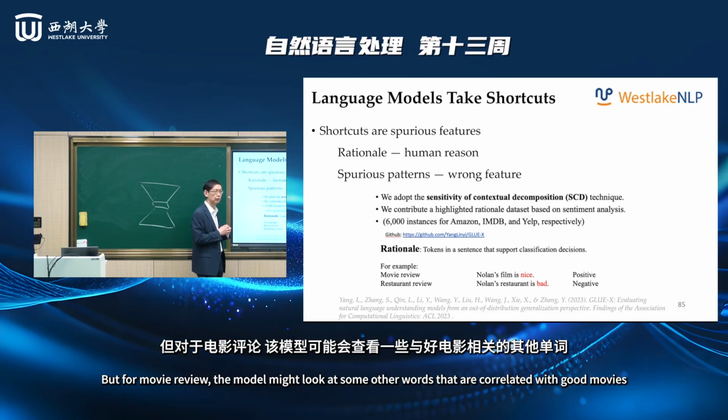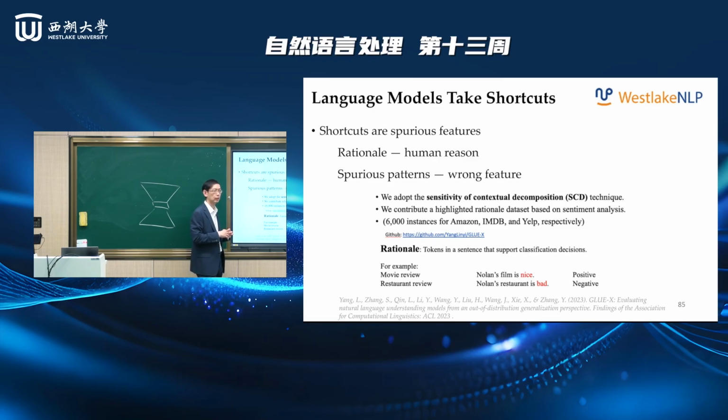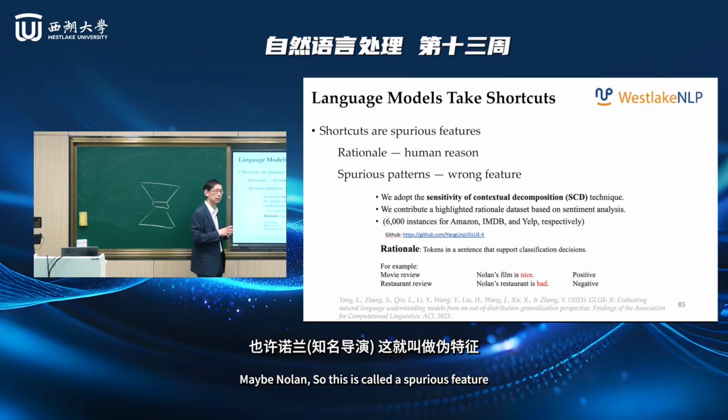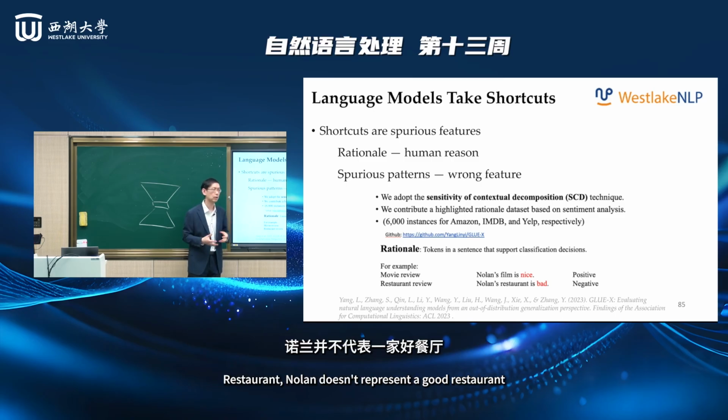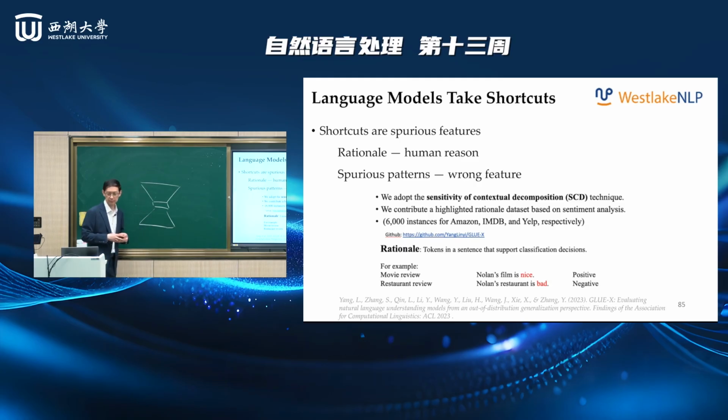But for movie reviews, the model might look at some other words that are correlated with good movies, maybe Nolan. So this is called a spurious feature. If the model overly relies on spurious features, it cannot generalize to other domains. For example, restaurant. Nolan doesn't represent a good restaurant.